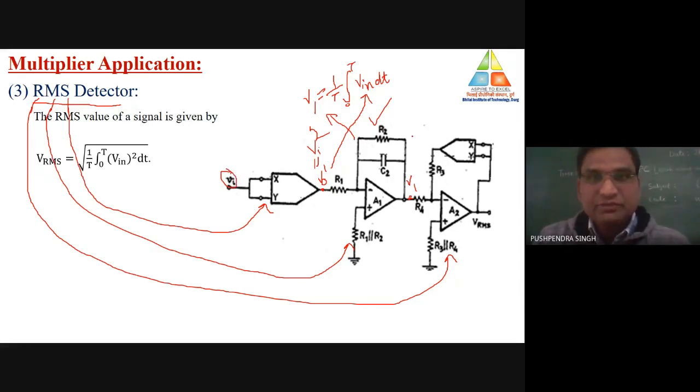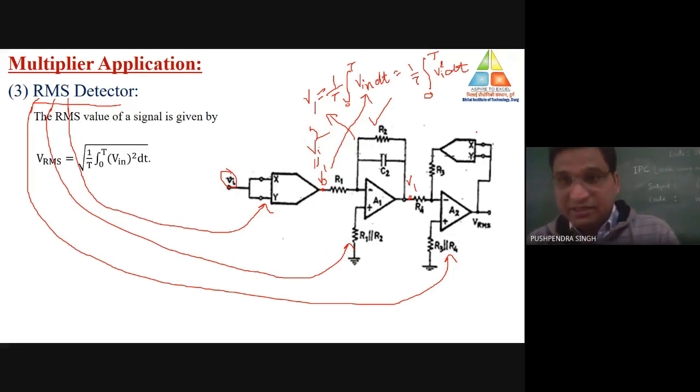So substitute the value: 1 by T, integration from 0 to T, Vin square into dt. But what did I tell you just now?